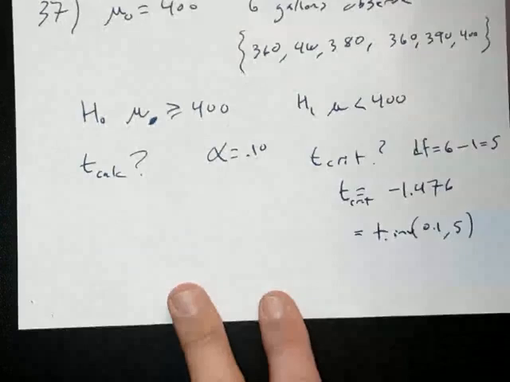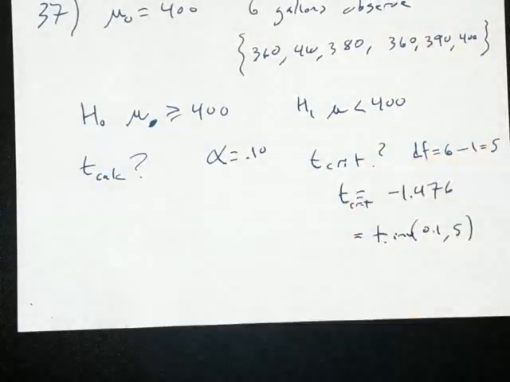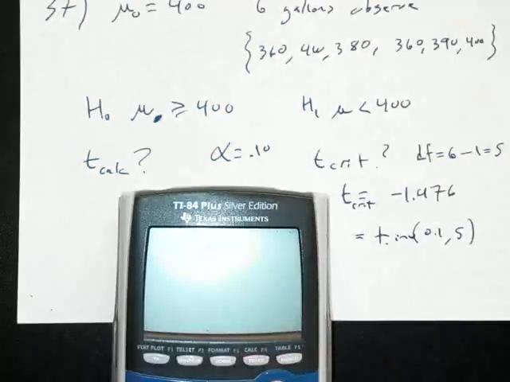What do I need to do the calculated version? And more. I need the standard deviation and the mean, which means I have to generate those. You are welcome to put this data into Excel and ask it for the mean and the standard deviation. I'm going to use the data format here on my calculator.